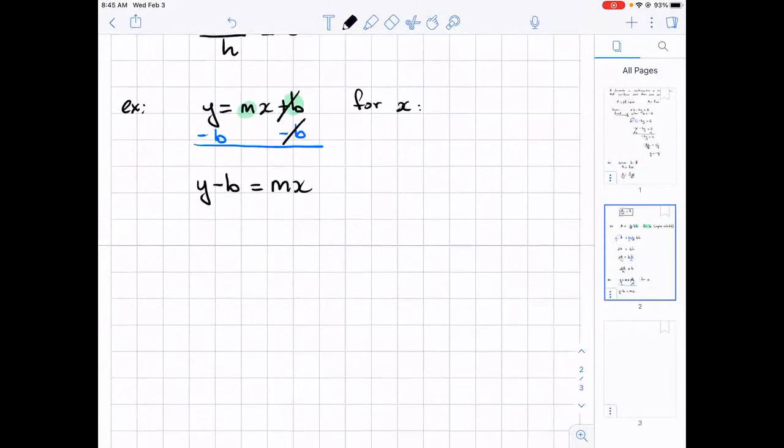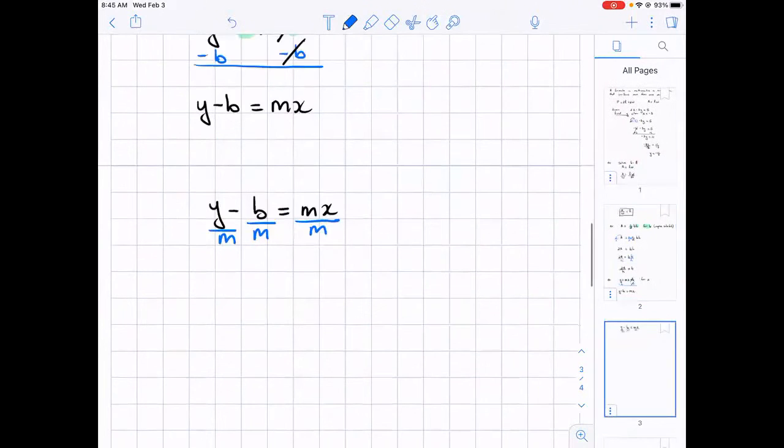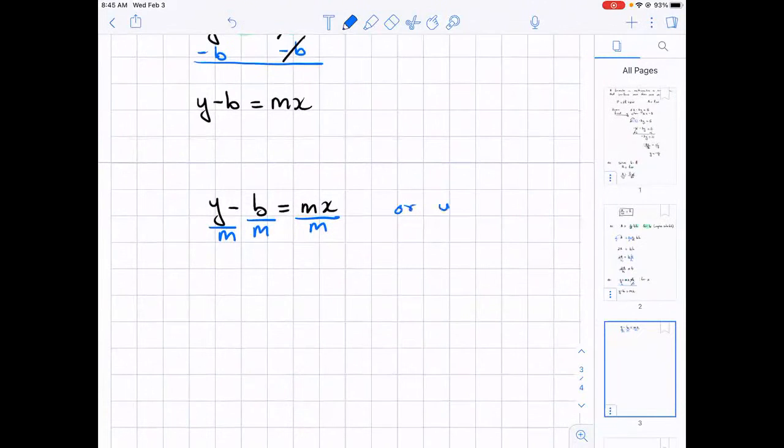And now we want to leave x by itself. So what we'll do is divide each term by m. Or you could write y minus b, everything over m is equal to mx over m.